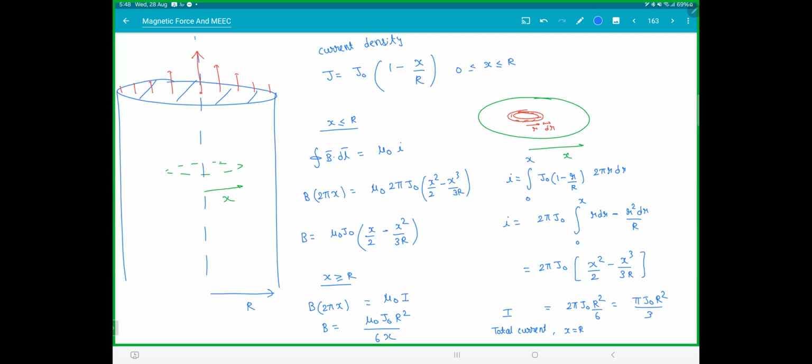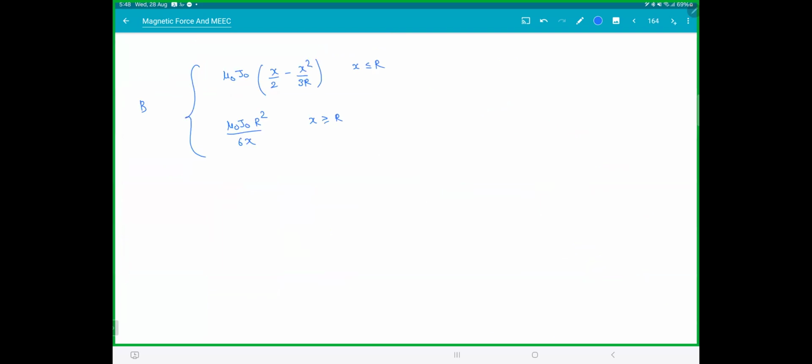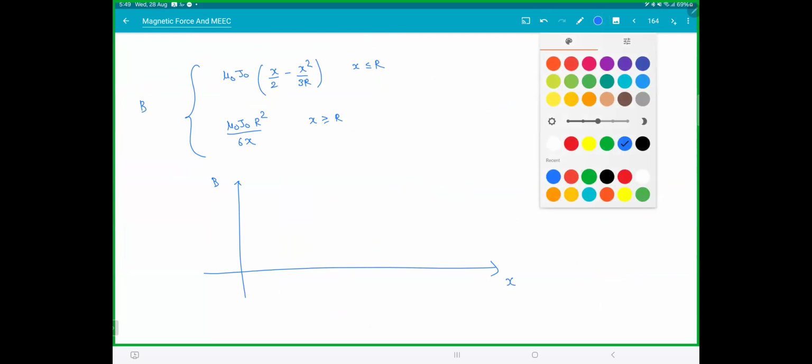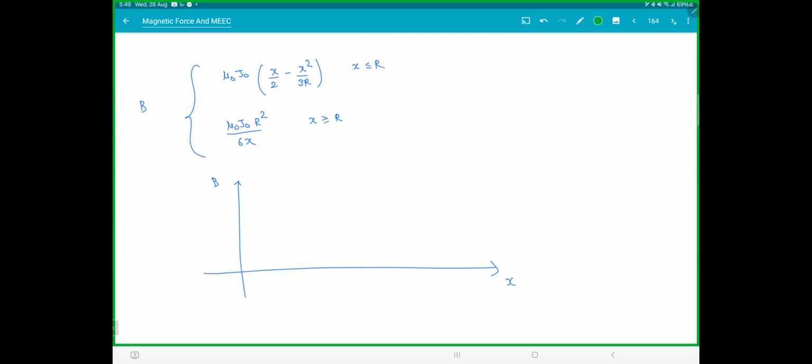Clear, everyone? Now, if you try to plot the graph, that thing on the top is definitely a parabola, a downward one. So if you plot the B versus x graph, at x equal to 0 it is 0, and the graph goes like this.